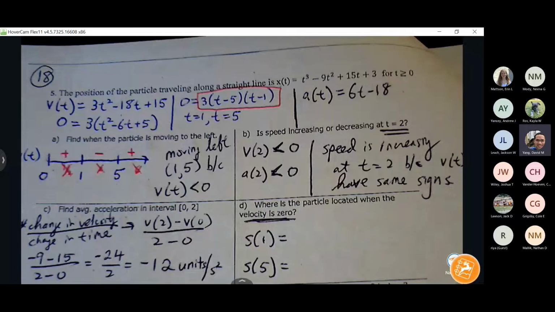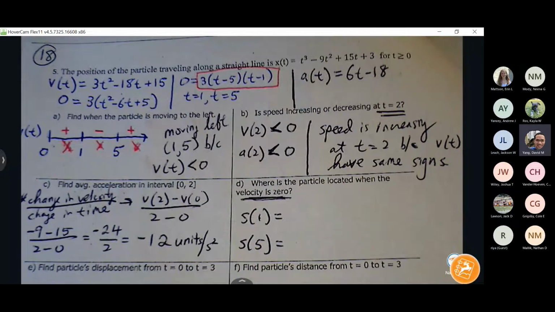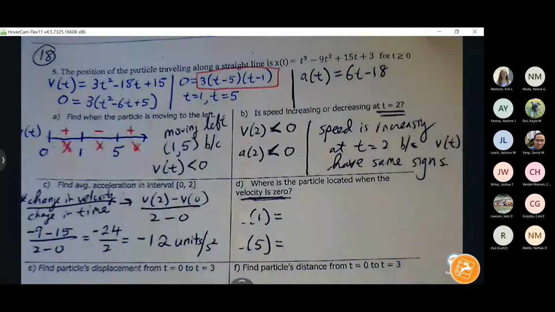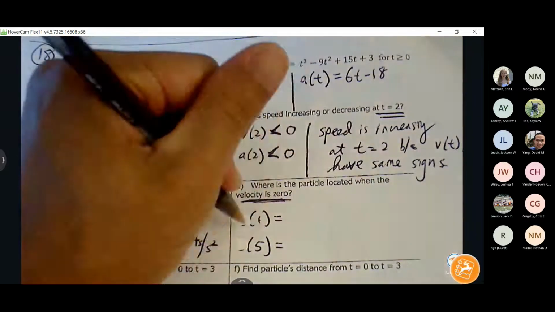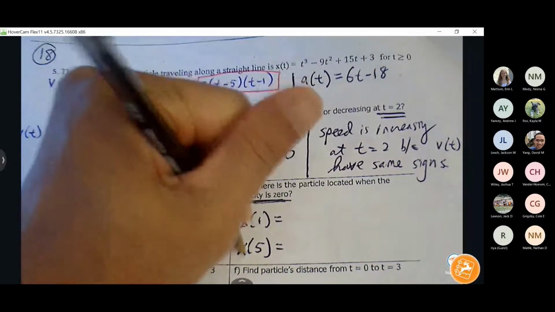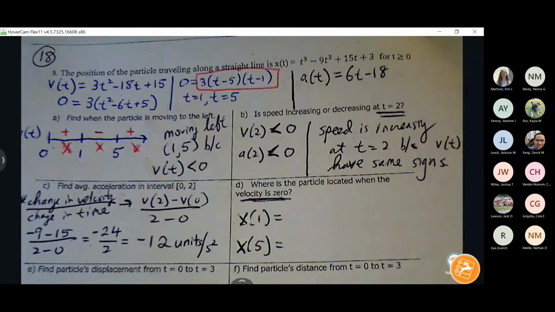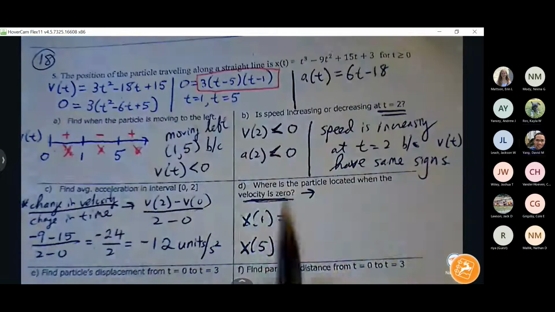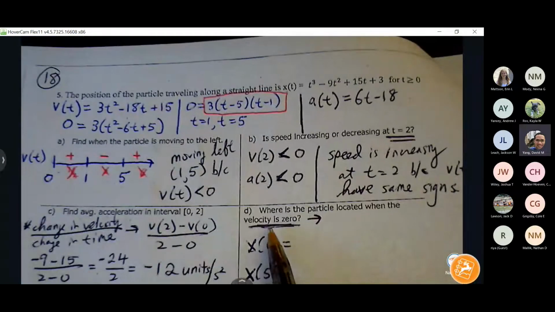Okay, so we can use our calculator. I'll use S, but. Okay, why do we use 1 and 5? It says when velocity is 0. So where's velocity 0?